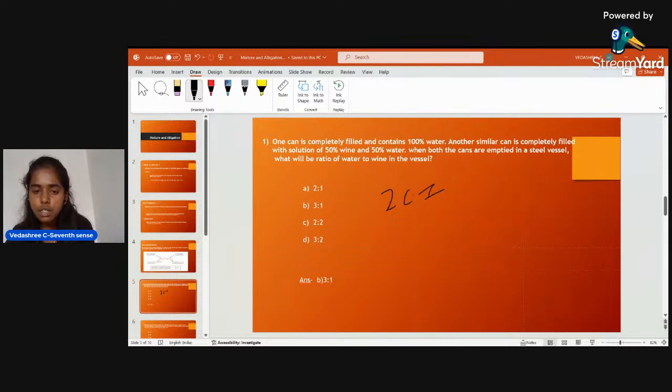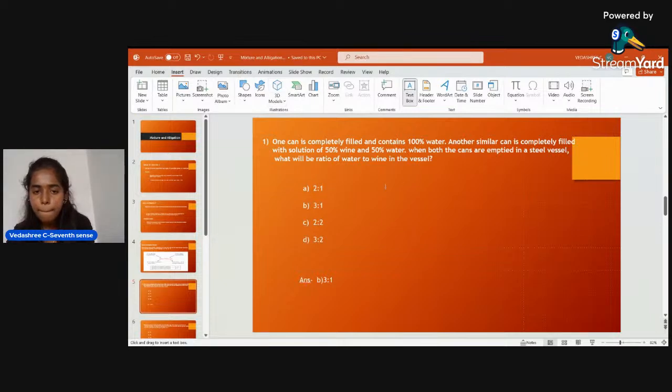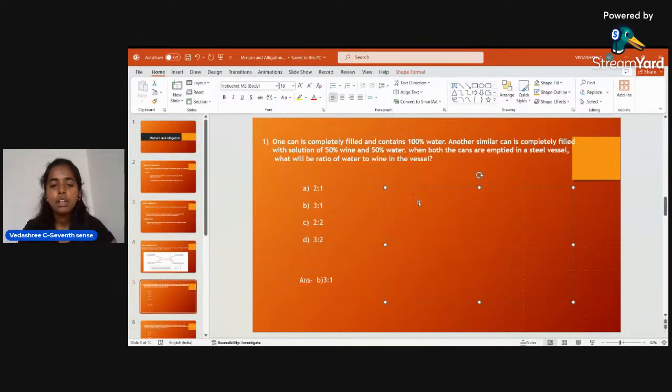The first can, completely filled with 100% water, is nothing but can 1. So two cans are of similar capacity.